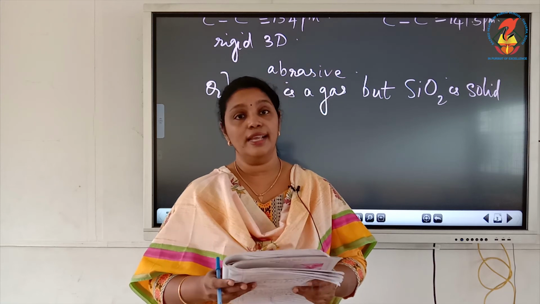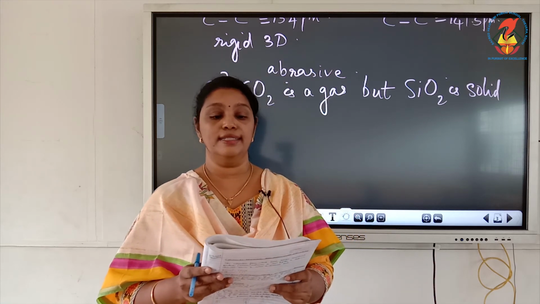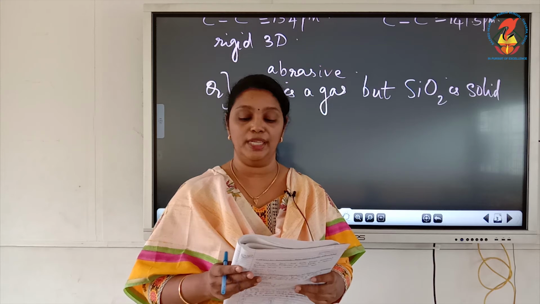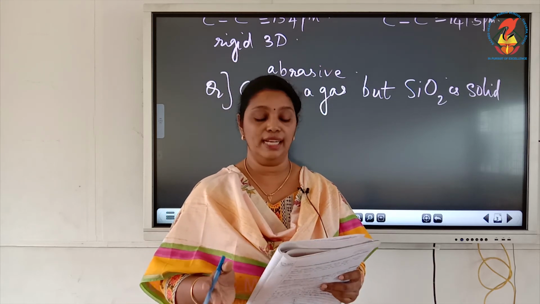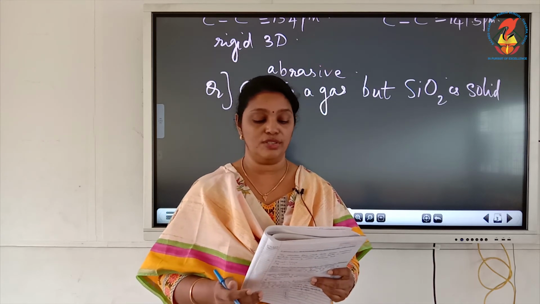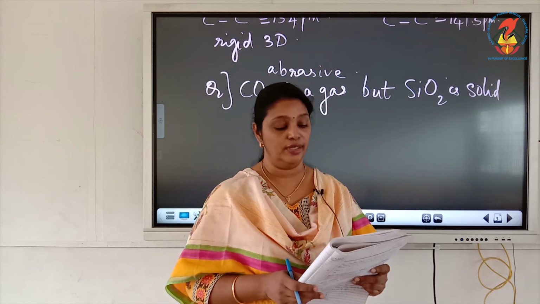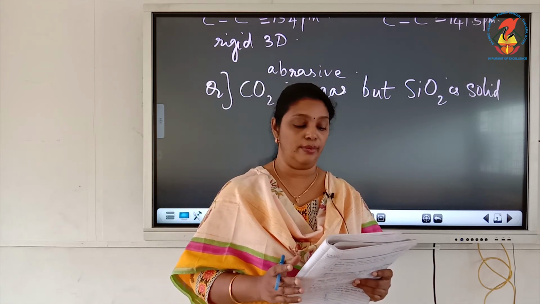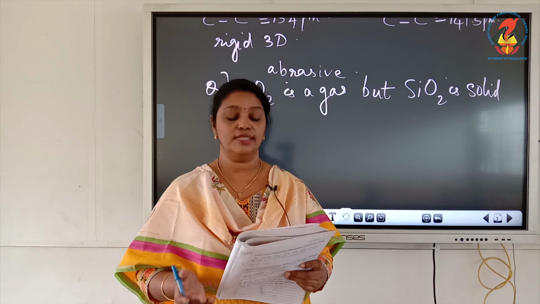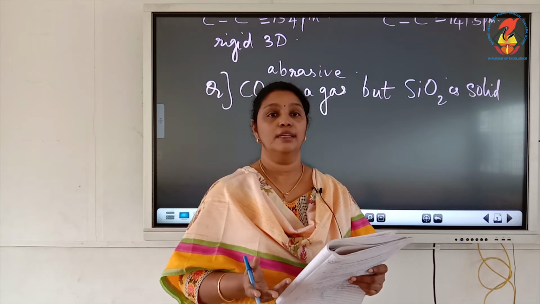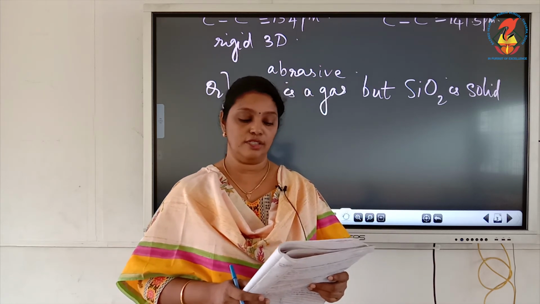But due to large size and low electronegativity of silicon, silicon cannot form p-pi multiple bond with oxygen. So, silicon forms single covalent bonds with oxygen and it creates a 3D network. So, a large amount of energy is required to break this. So, SiO2 has a high melting point and it exists as a solid.